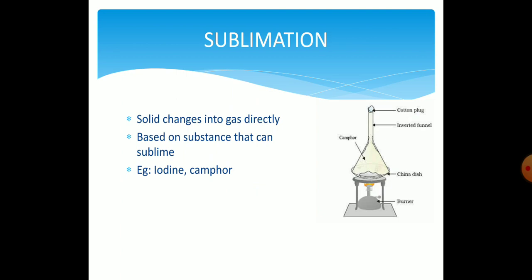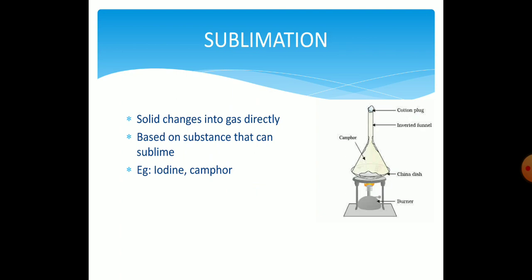So for magnetic separation, we have to see whether the substances have magnetic properties. Similarly, for sublimation, we have to check whether the substances have sublimation properties. Then we can go for sublimation.